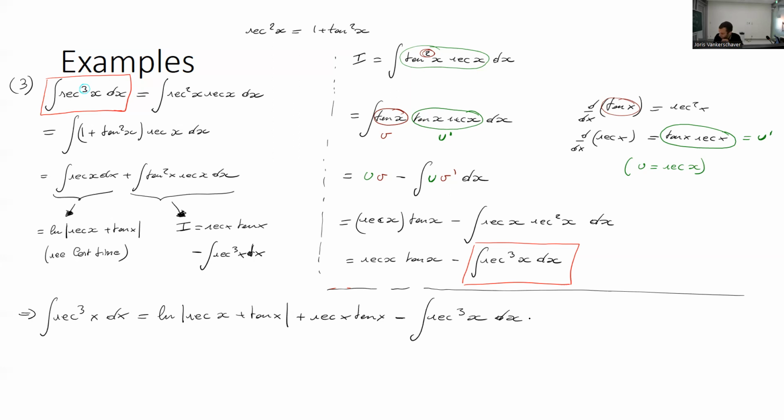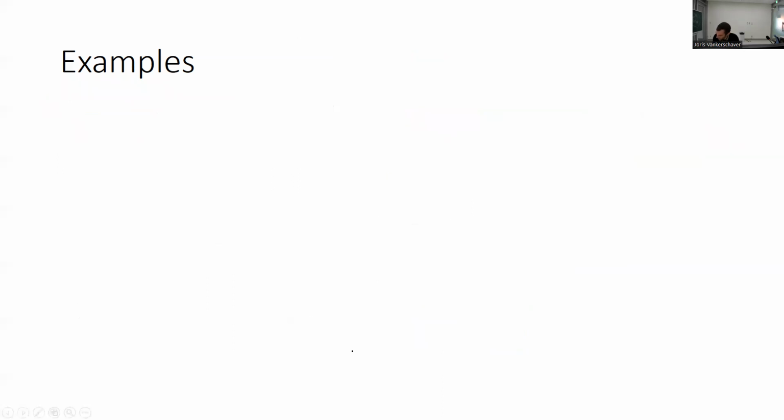And this is pretty cool because now I can take this term and put it to the other side to get 2 times the integral that I wanted to compute is equal to logarithm of secant x plus tan x plus secant x times tan x.